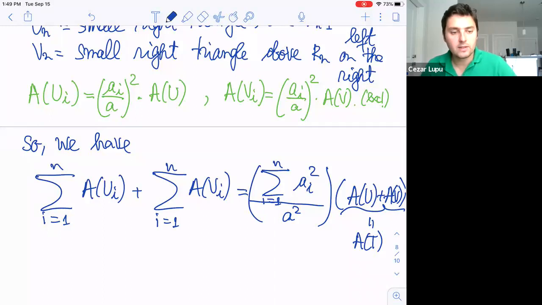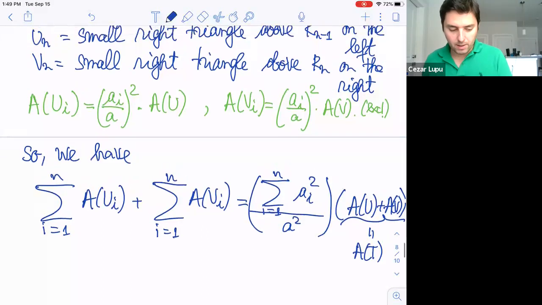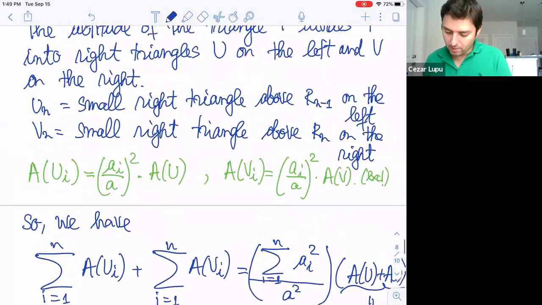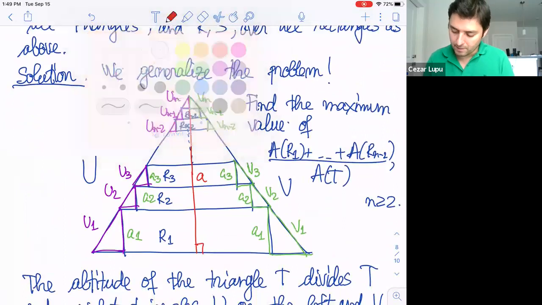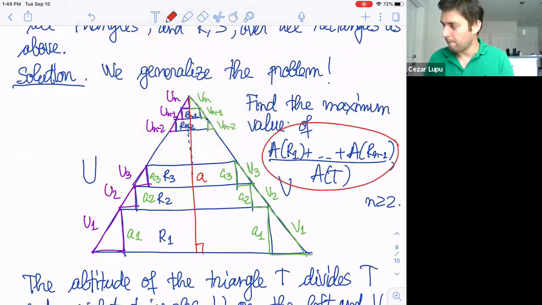Because this T is the disjoint union of all these Ri, Ui, and Vi, right? All right, beautiful. And now, keep in mind that I want to go back, I want to find the value of this guy here. Keep in mind this.